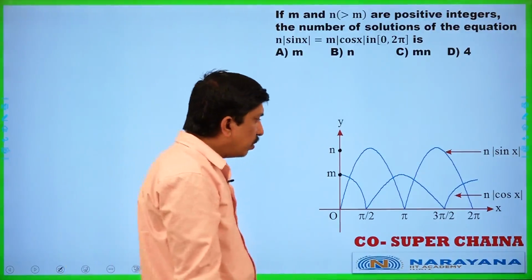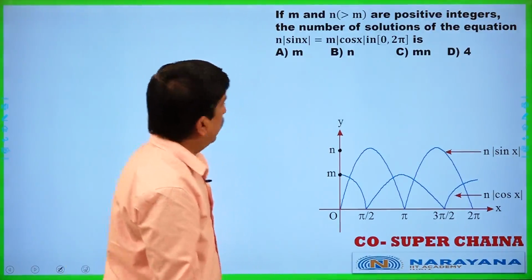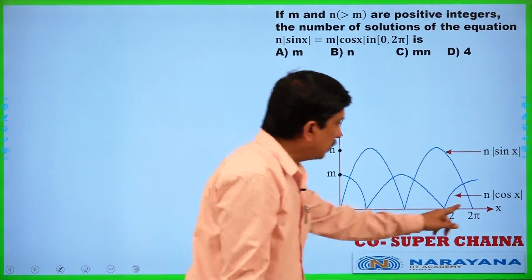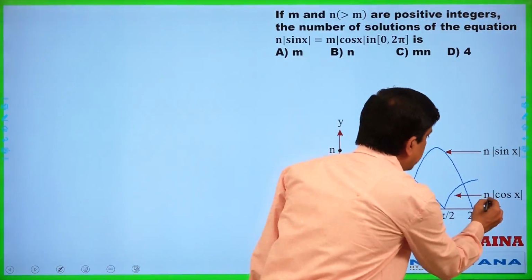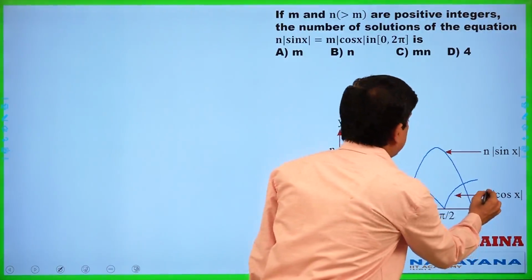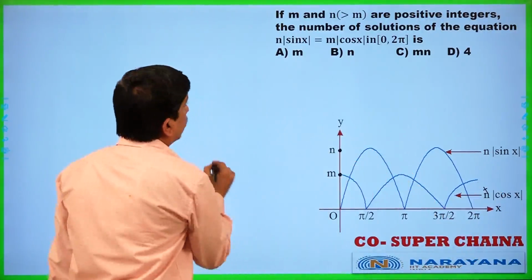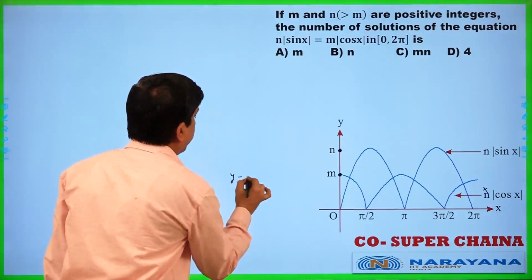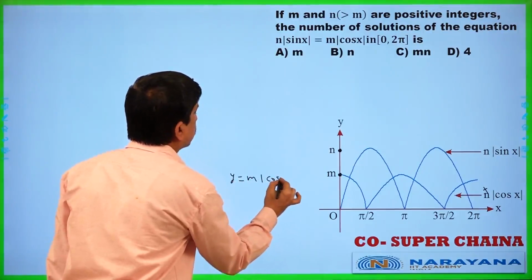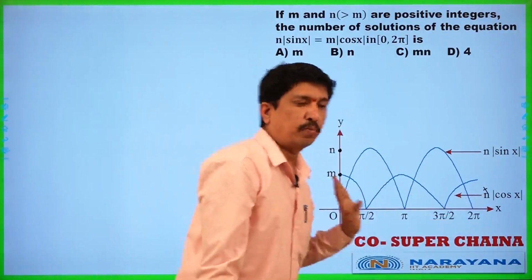Now let us go to m|cos x|. See, this is m only, not n. Correct this: this is not n, that is m only.